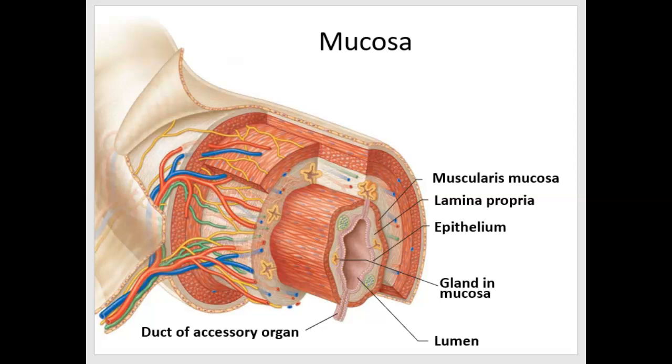There's also a thin layer of smooth muscle tissue found in the mucosa, or innermost layer. It's called the muscularis mucosa. So there's a little bit of contraction that can happen close to the lumen right there.